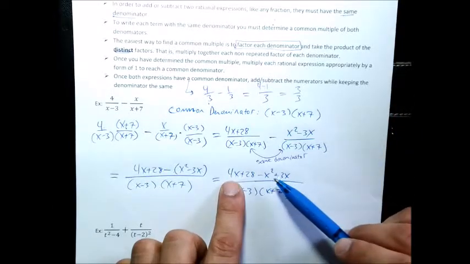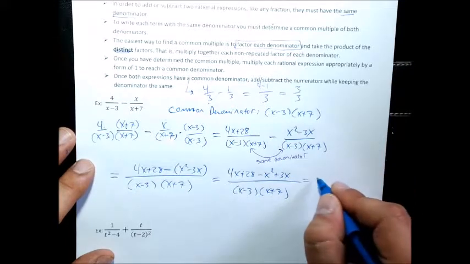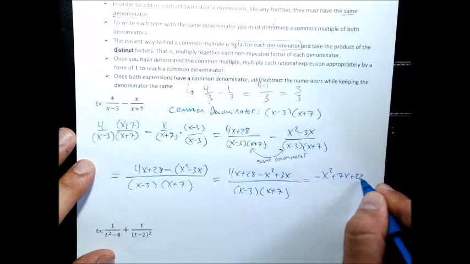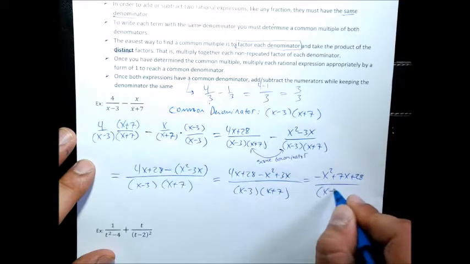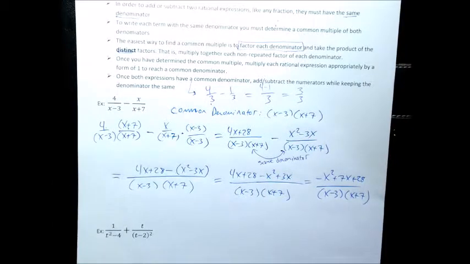Because we can do the 4x plus 3x to get 7x. And then we're done. So we got a minus x squared, we got plus 7x plus 28, all over our common denominator x minus 3, x plus 7. Questions about that?